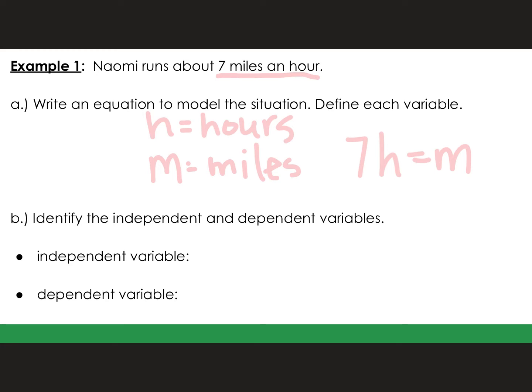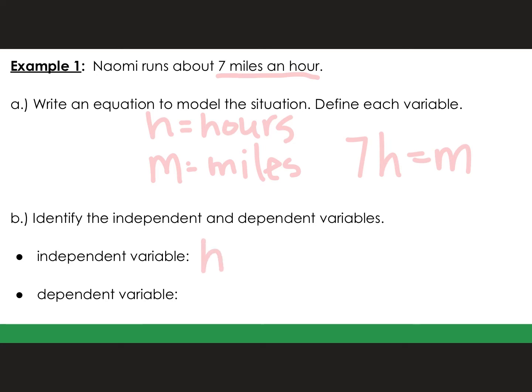Independent and dependent variables. Independent variables are variables that don't depend on anything, such as time, years, minutes, hours. These are often independent variables because time passes no matter what we do. We cannot stop time. So that's a good way to think about it.